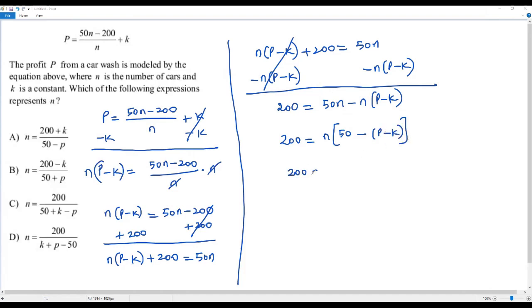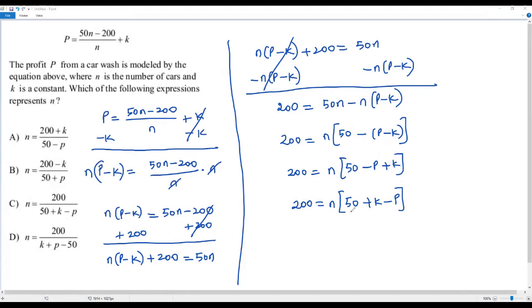Here 200 equals n times 50. We can distribute this negative sign to this one and this one. When I do so, negative P positive k. Here 200 equals n times 50. Let me write this positive value first, that is 50 + k, and then let me write this negative P last.